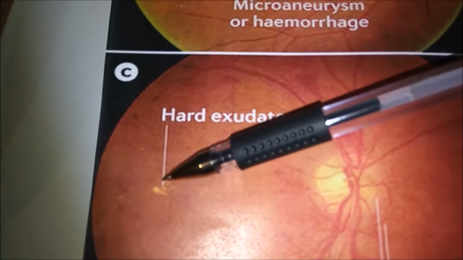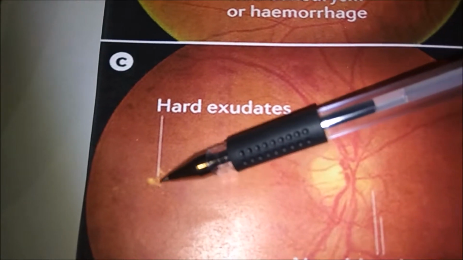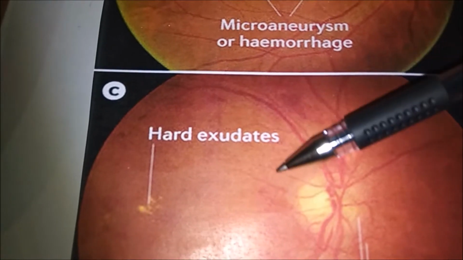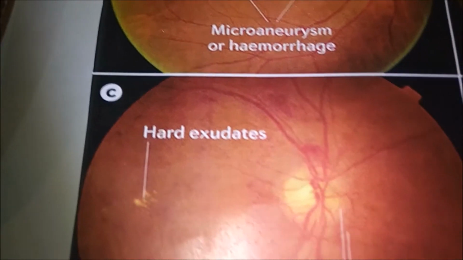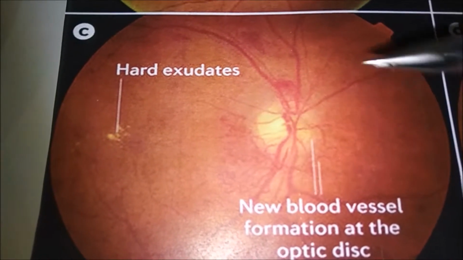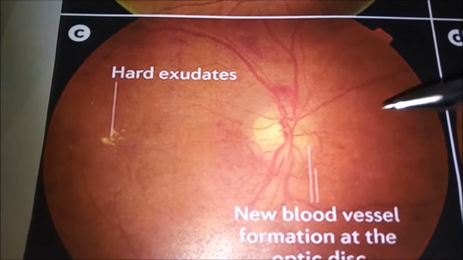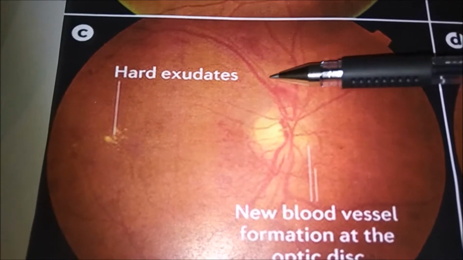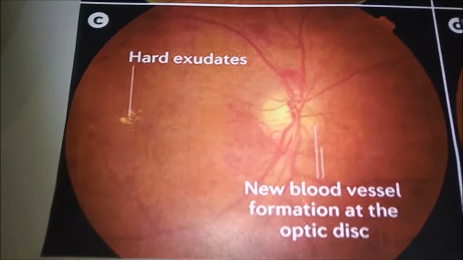If we compare with this, this is yellowish and the margins are distinct. Also we have hemorrhages and microaneurysms. Okay, since this has new vessels, this is considered proliferative diabetic retinopathy. Here we can see the arteries are very small compared to the vein.